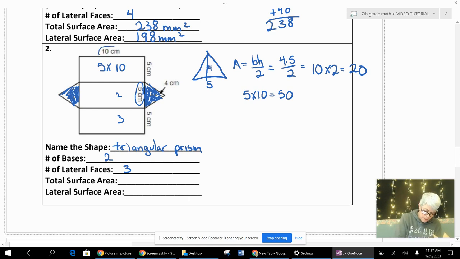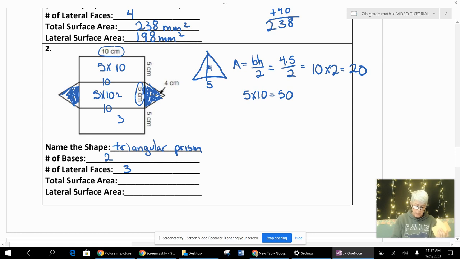If this line up here is 10, then this is 10 and this is 10. All right, I hope you caught that, which tells me that this rectangle also is 5 times 10. In fact, if you go down to this rectangle, I know I keep saying triangle, this rectangle, the third rectangle, it is also 5 times 10.